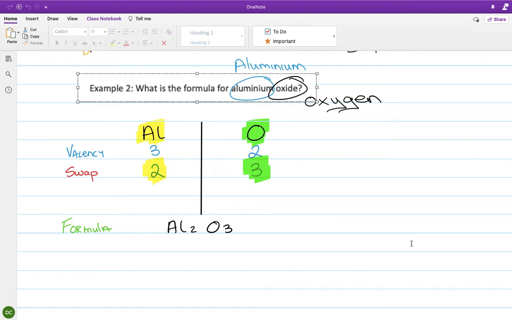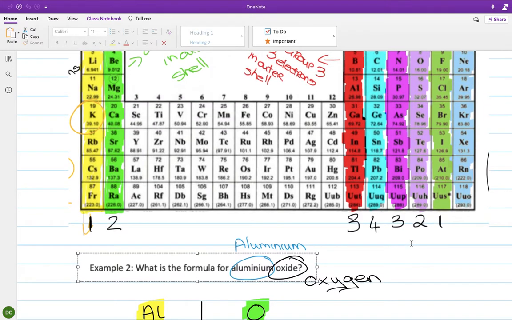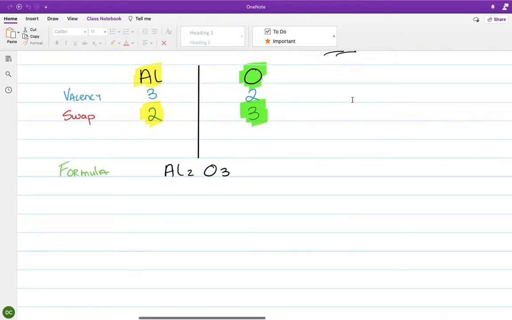Now, I want to draw this one just so we have an idea. So what did I say aluminium was? So it's up here. See it with 13? So let's draw aluminium. Aluminium has 13.